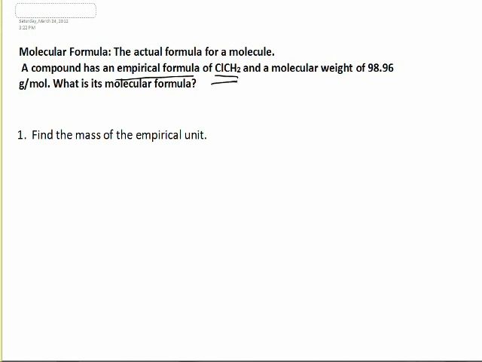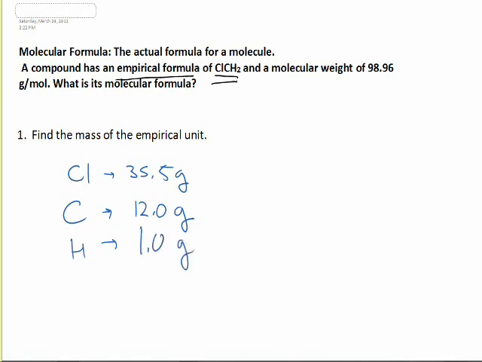So that is this. Chlorine has a mass of 35.5 grams. Carbon has a mass of 12.0 grams. Hydrogen has a mass of 1.0 gram. Now there are two of these, so that equals 2.